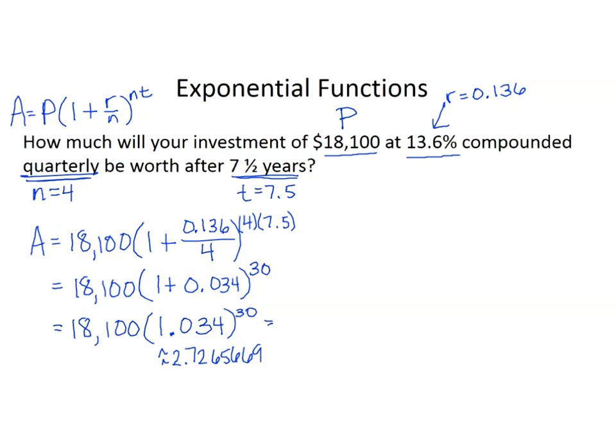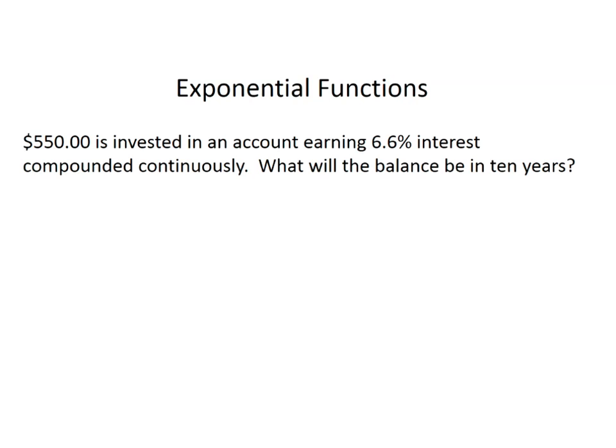And I get 49,350.86. When it's money, you always need to round to the hundredths place. And that's it. All right, let's try one more.